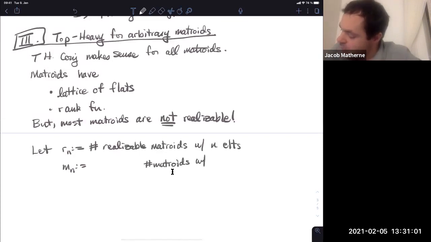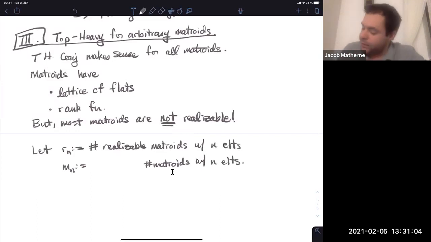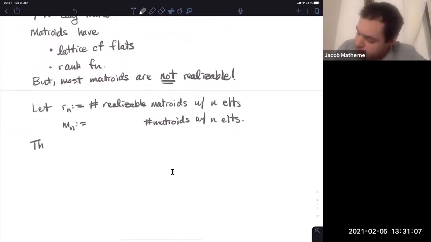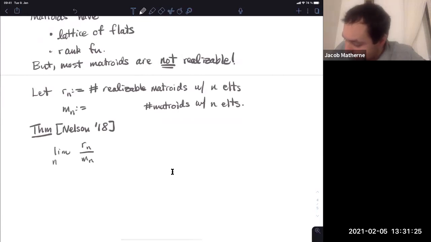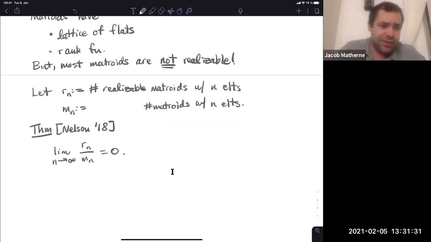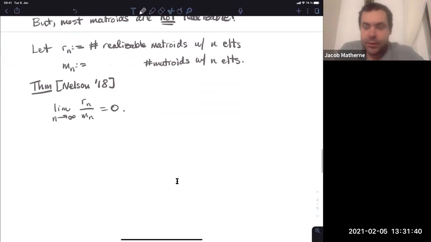Then there's a theorem by Peter Nelson in 2018 that says that if I take the ratio of the number of realizable matroids on n elements to the number of matroids on n elements, and let n go to infinity, then this is 0. This is a precise statement that most matroids are not realizable, at least in this limit. Okay. So I'll talk for 4 more minutes.